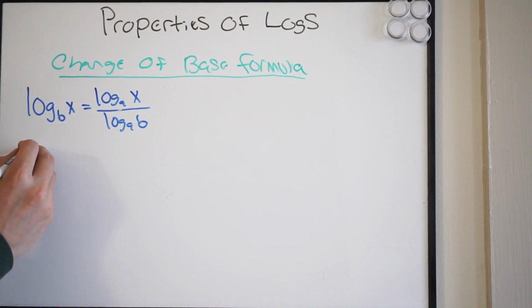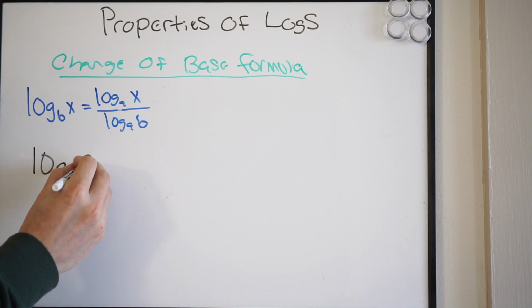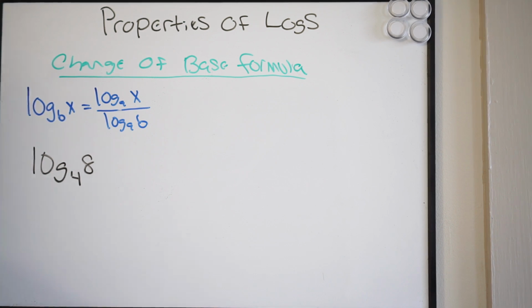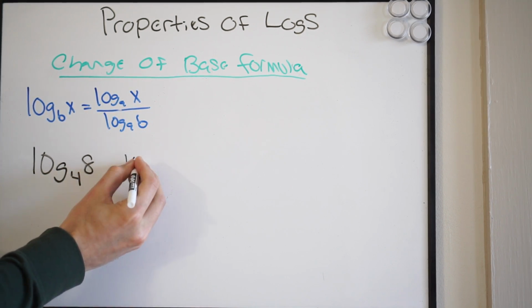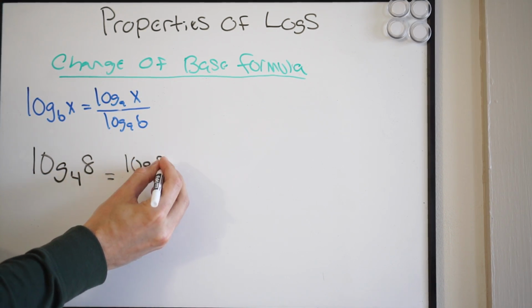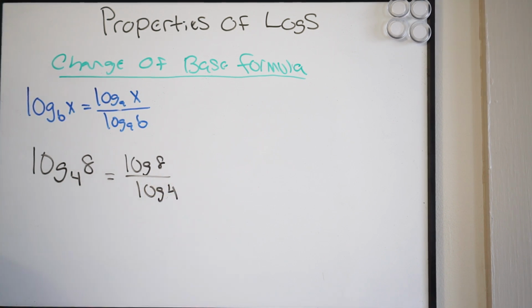If you have log base 4 of 8, if you want to evaluate that real quickly in your calculator, well, you're simply just going to do log of 8 all over log of 4. All right, that's the change of base formula.